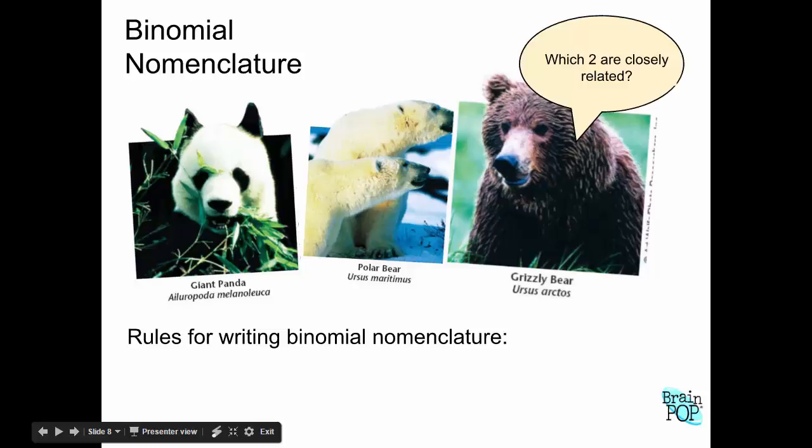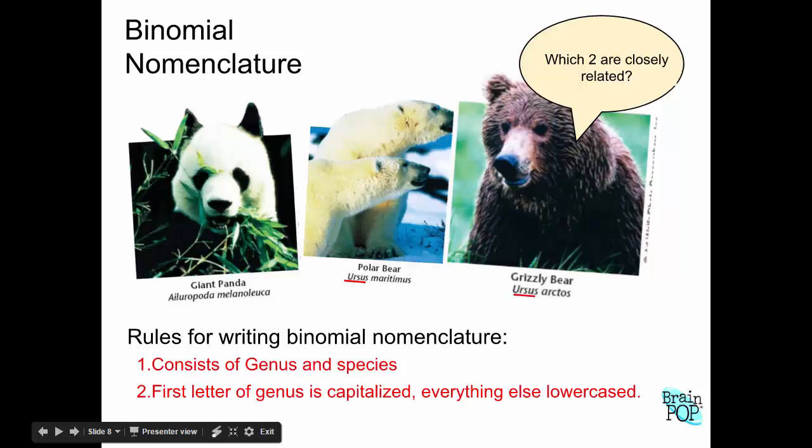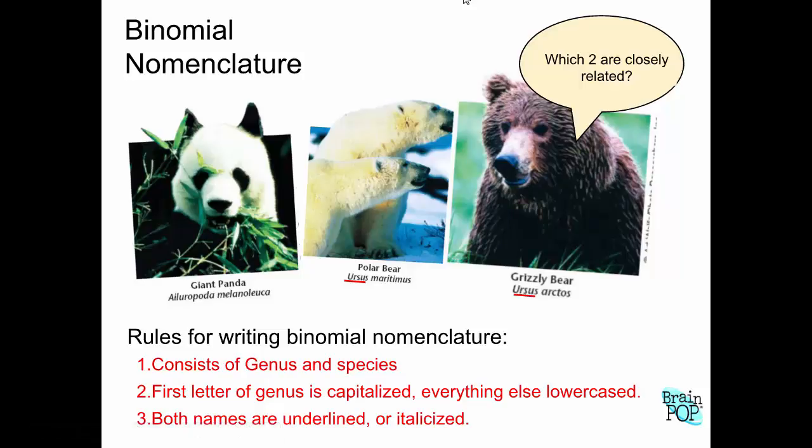Which two of these bears are most closely related, and how do you know? They're both in genus Ursus. So when we write a scientific name, it's the genus and the species. The first letter of the genus is capitalized. Everything else is lowercase.